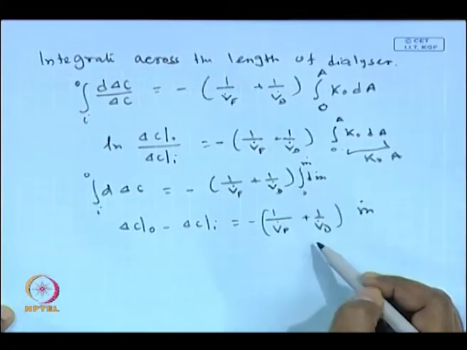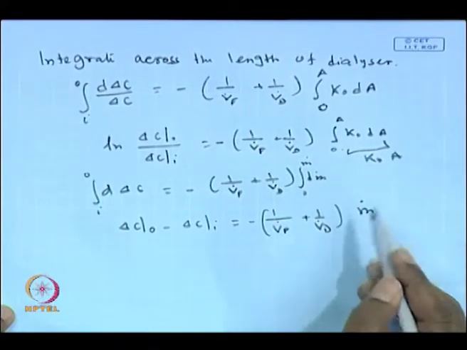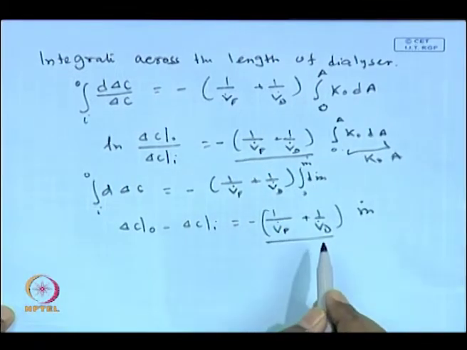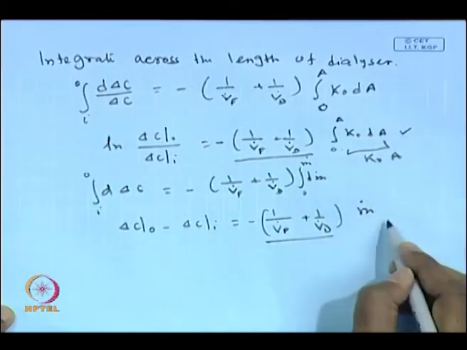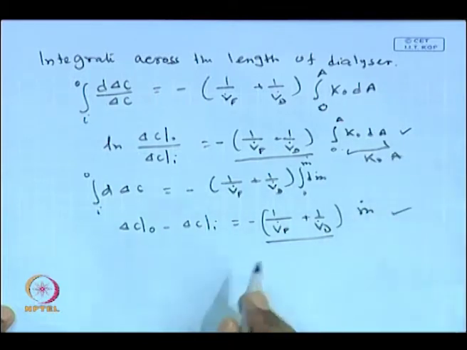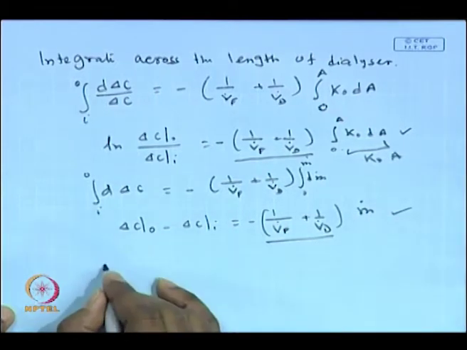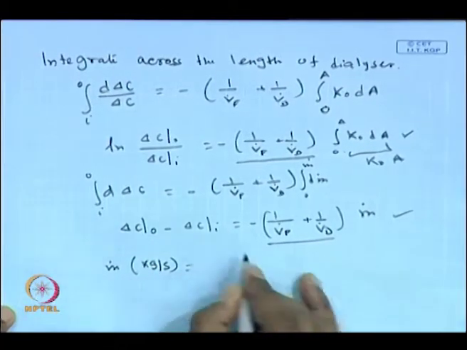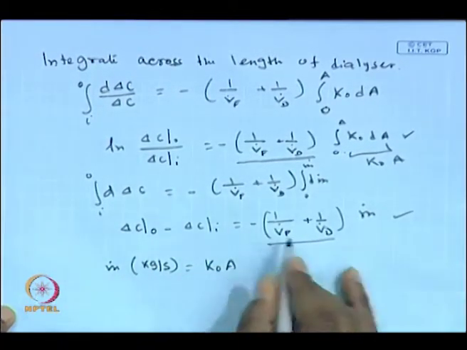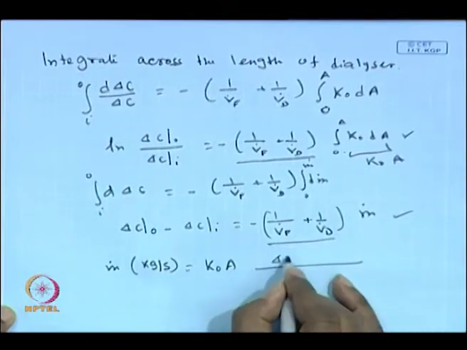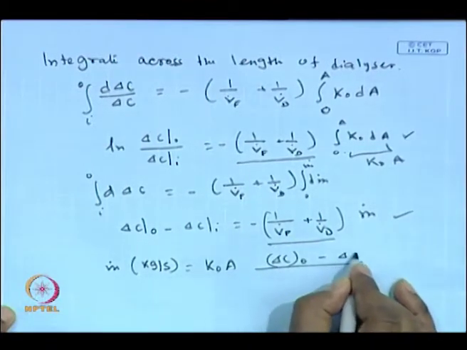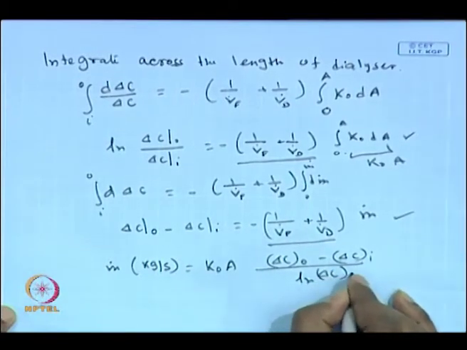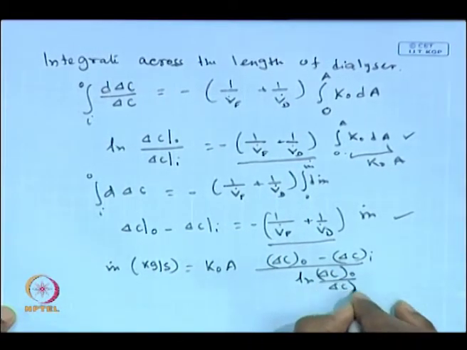Now, divide these two equations, and you can do away with the flow rates as well. Just divide this equation by this equation, and finally, what you get is that m dot, in kg per second, is k0 times A times delta C out minus delta C in divided by ln delta C out divided by delta C in.